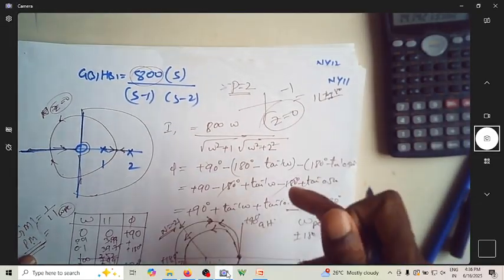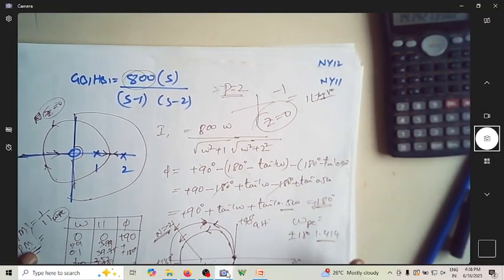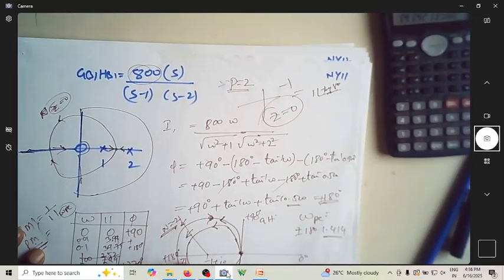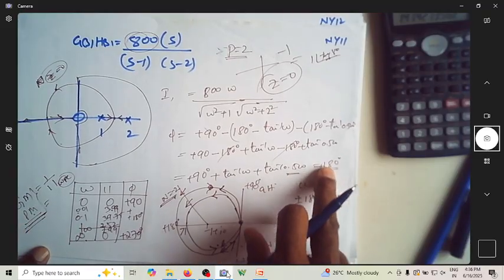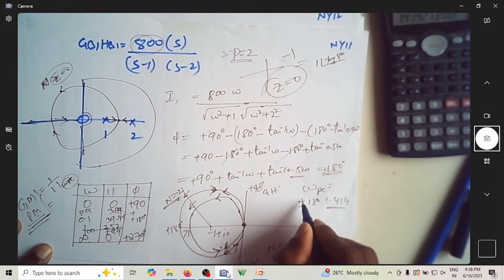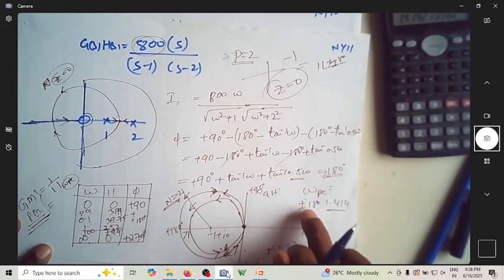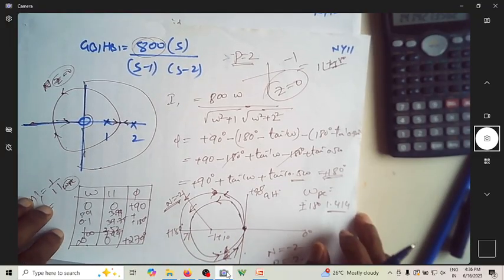Now we forcefully consider plus 180 degrees because this phase will never become minus 180, and either plus 180 or minus 180 are both the same. That's why I'm equating this to plus 180 degrees. That's what omega PC corresponds to. In this particular problem it is plus 180 degrees. Fine.